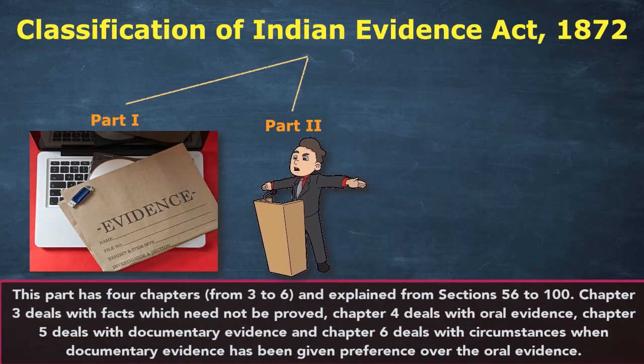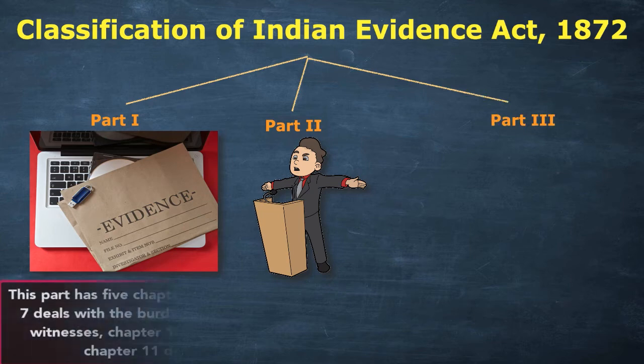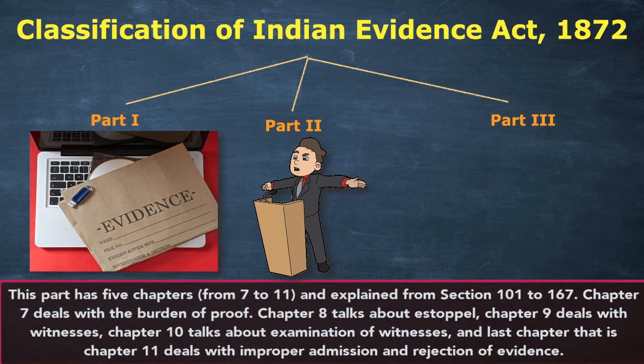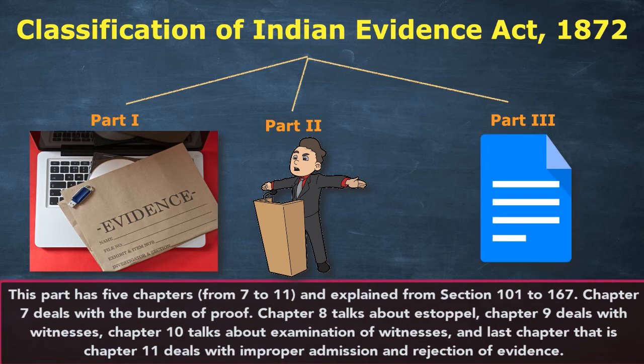And the last one is part 3. This part has 5 chapters, the remaining chapters from 7 to 11, explained in sections 101 to 167. Chapter 7 deals with the burden of proof.